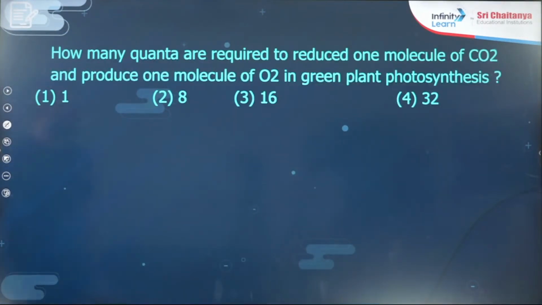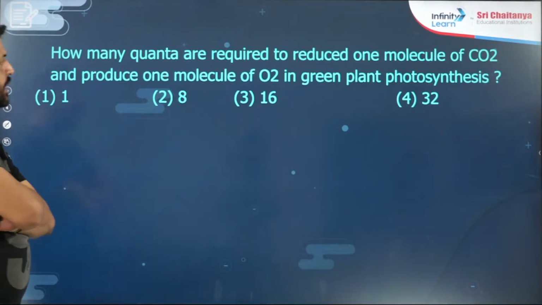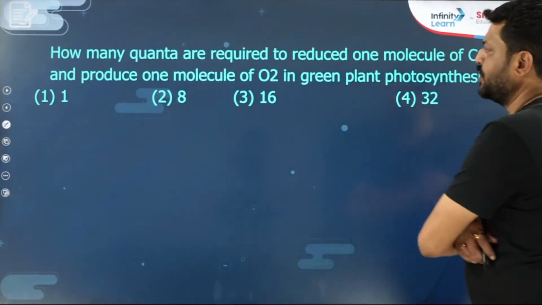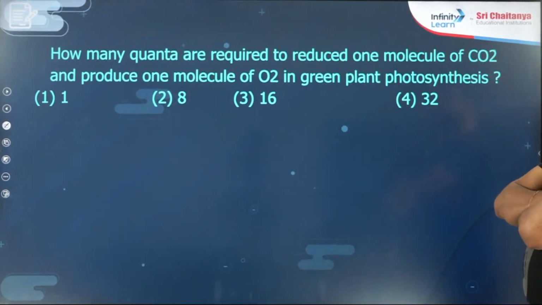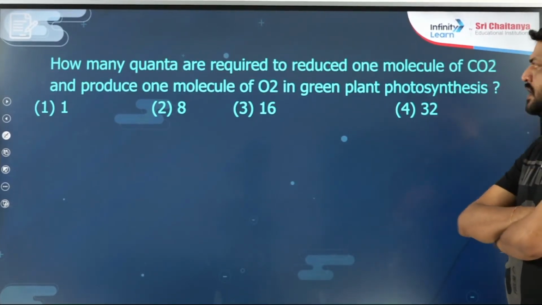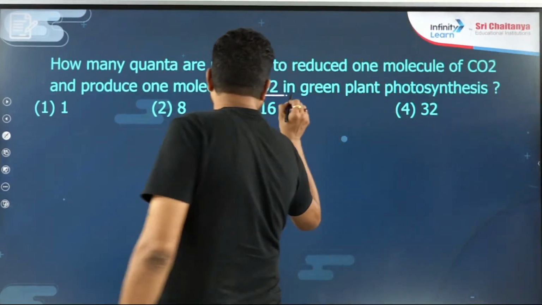Clear? And the third question here is: how many quanta of light are required to reduce 1 molecule of CO2 and produce 1 molecule of O2 in green plants during photosynthesis?